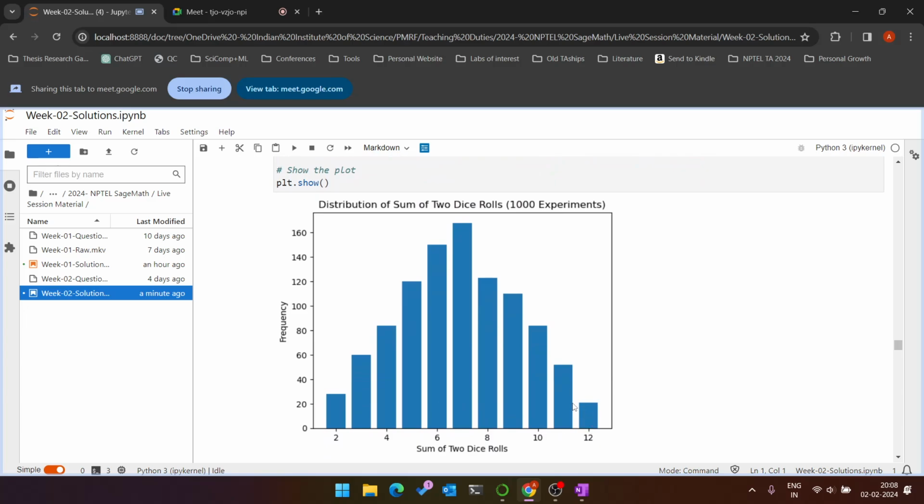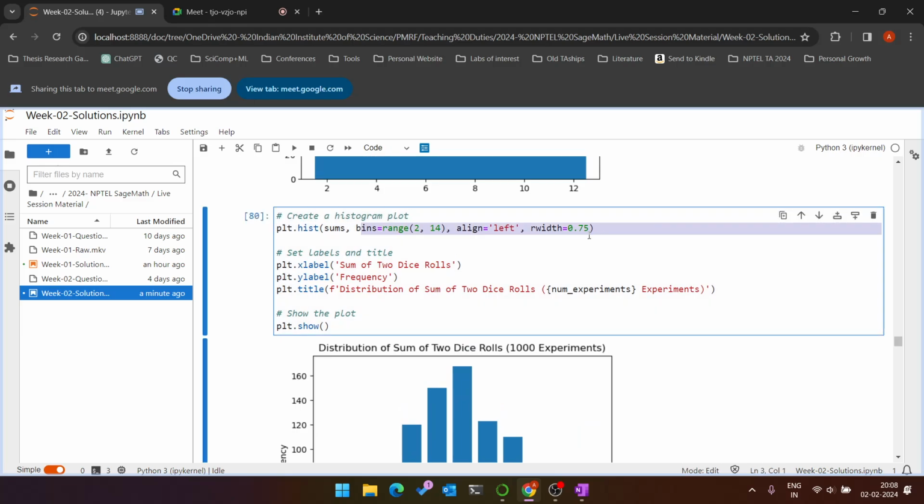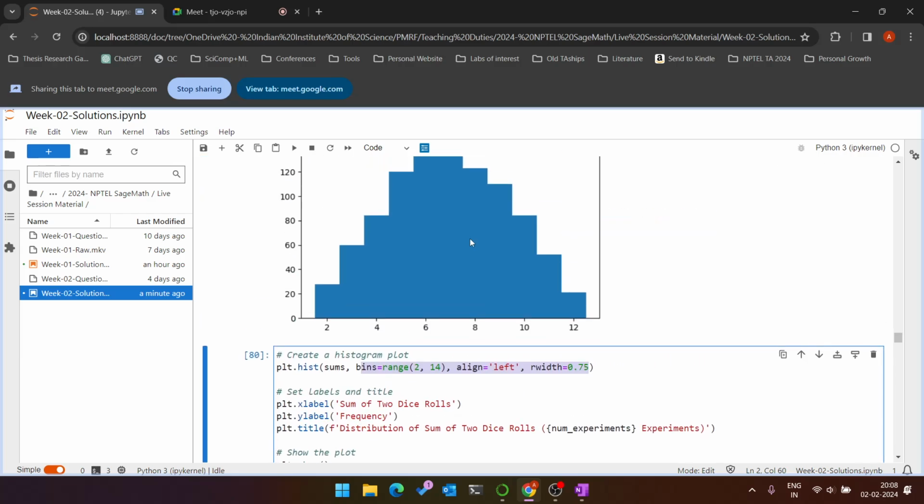So now with the decrease in relative width, you can see how our plot looks. Using these options, like the bins, align, relative width, is important because it makes our plot more easily interpretable, which means that whatever information we wish to convey through this plot can be transferred quickly.